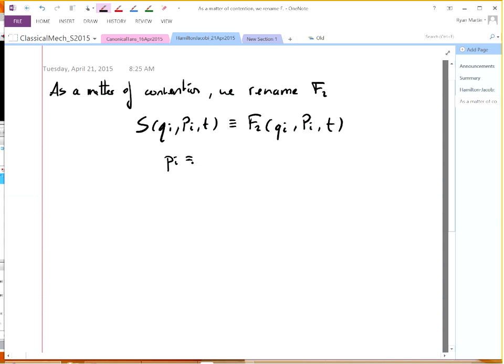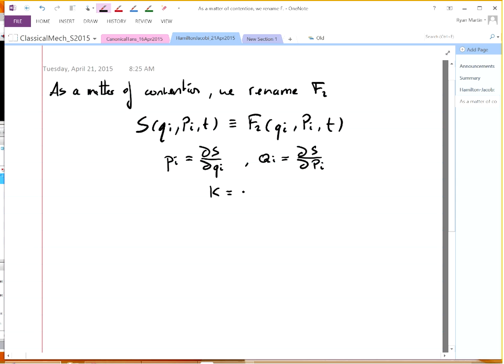So that means that the transformation equations that we just wrote are lowercase p_i is then given by ∂S/∂q_i, and the capital Q_i is given by ∂S/∂P_i.